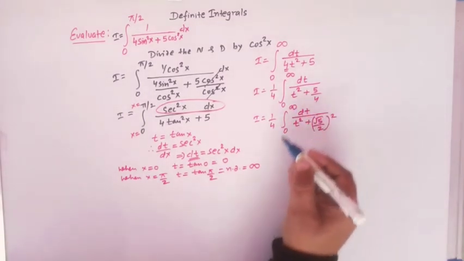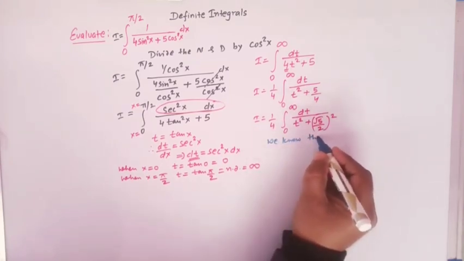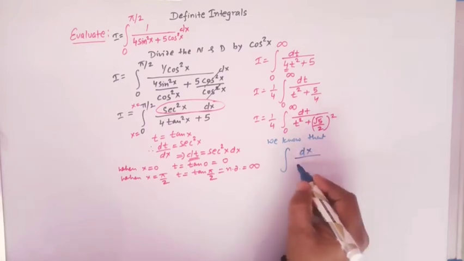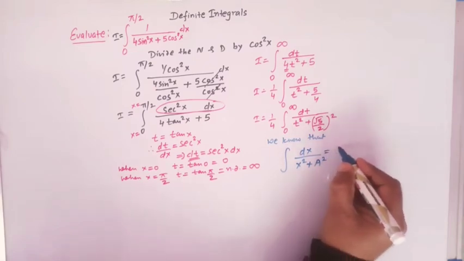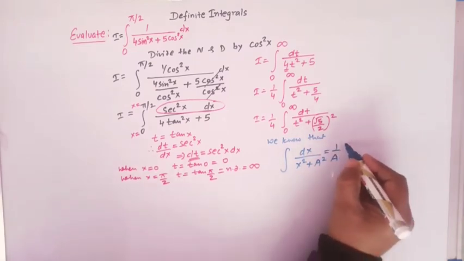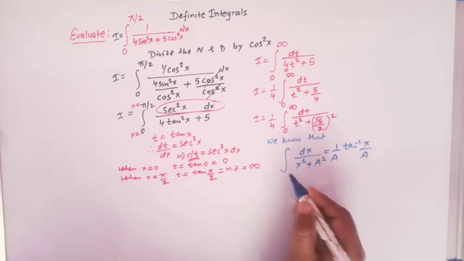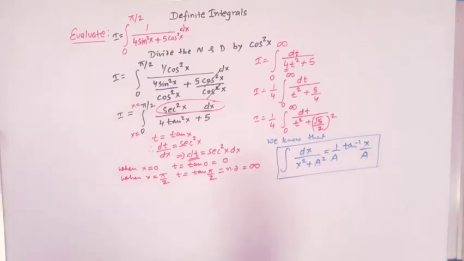So here we have a known integral, because we know that integral of dx over x square plus a square is equal to 1 over a tan inverse x over a, right? So this is the standard result, right?